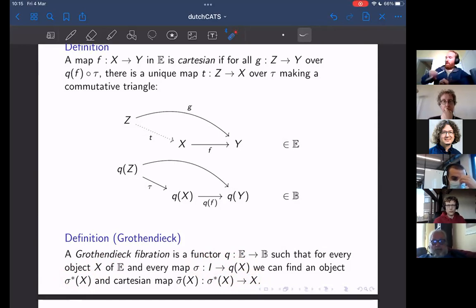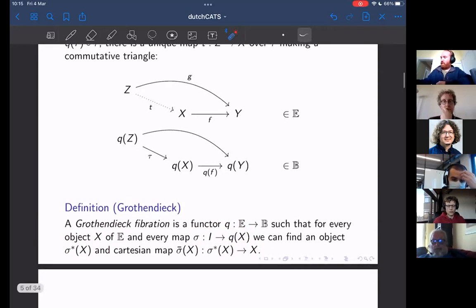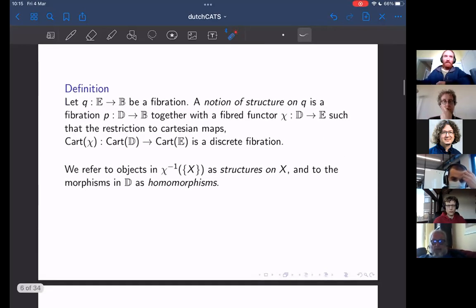So that's a very, very quick introduction to fibrations. Hopefully I didn't spend too long on that.